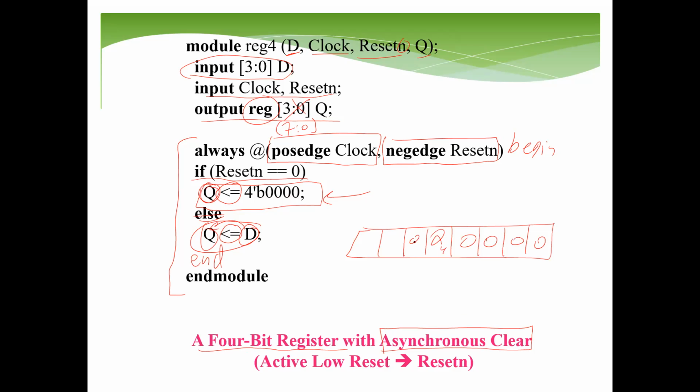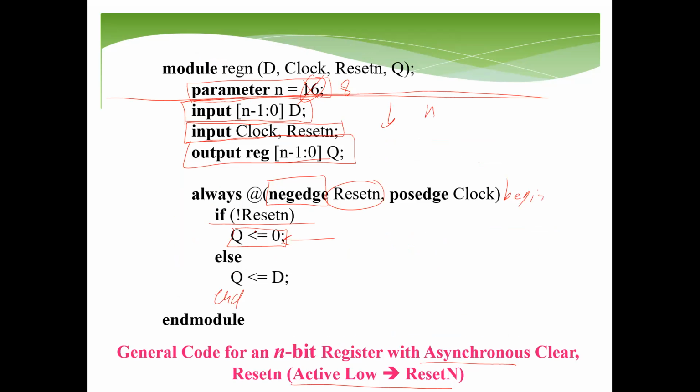So that's q4, q5, q6, and q7. This will keep its previous value. That means this reset will be incorrect if you're using the same code in here. So instead of writing q takes on the value of 0, if I write q takes on the value of 4-bit 000, this will be incorrect. This will only reset the lowest bits of q.